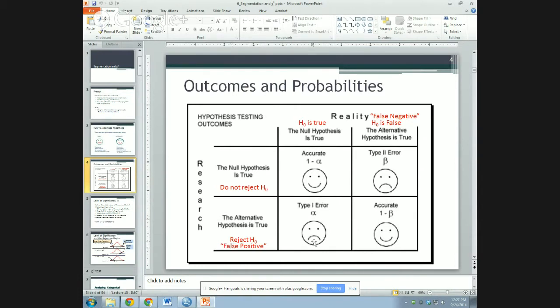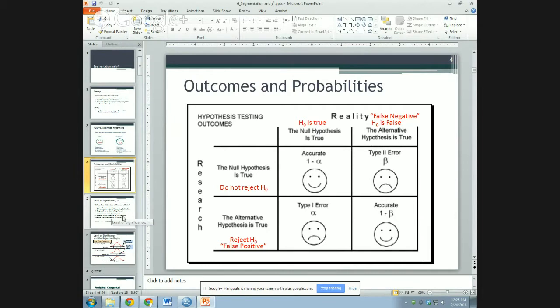The idea of trading off a false positive, where our research shows the alternate hypothesis is true, and if the alternate is true, then we reject the null, versus the reality of the population in which the null hypothesis is true, versus the false negative in which our research shows the null hypothesis is true, but the reality is the alternative hypothesis is true.